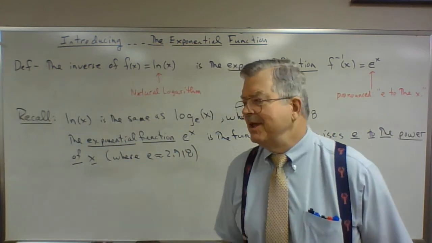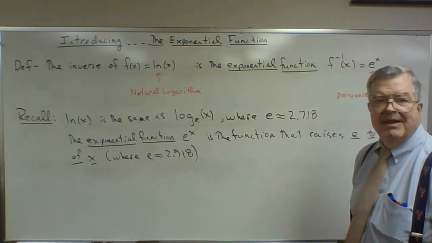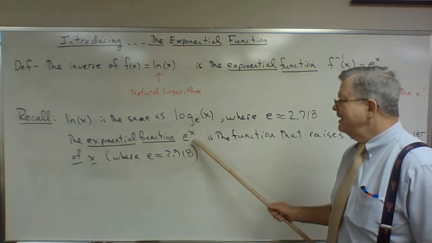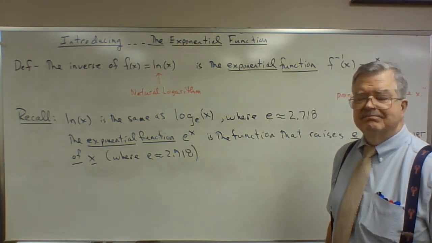Why would somebody make a function like this? Why not have 10 to the x?